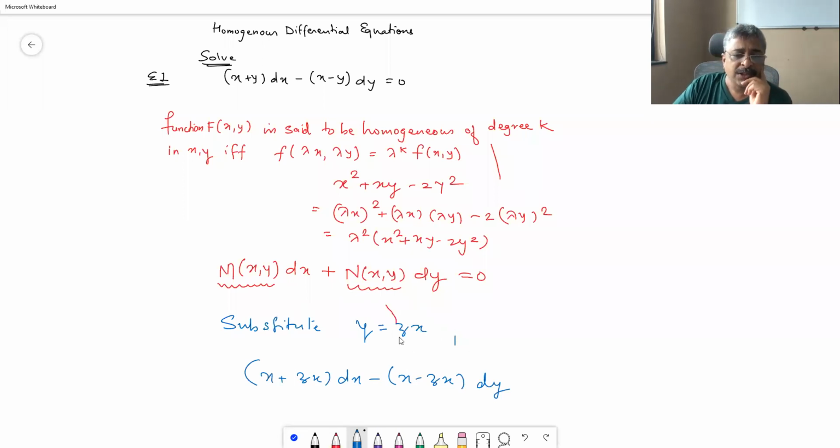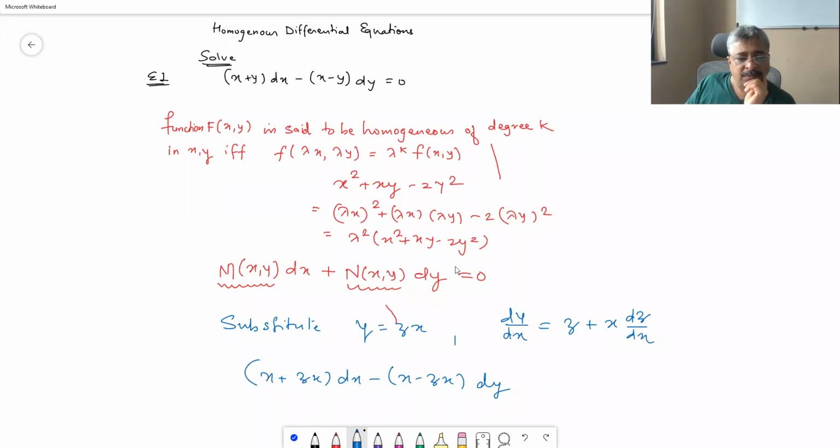Sorry, if y is equal to zx, then we have to differentiate it with respect to x. So dy by dx is equal to z into derivative of x plus x into derivative of z, that is, z plus x dz by dx.